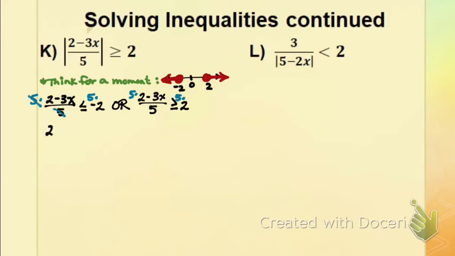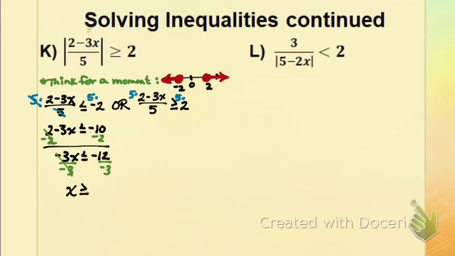So I have 2 minus 3x is less than or equal to negative 10. Subtract 2 from both sides. So I have negative 3x is less than or equal to negative 12. Divide both sides by negative 3, and please be careful here. Sign flips: x is greater than or equal to 4.